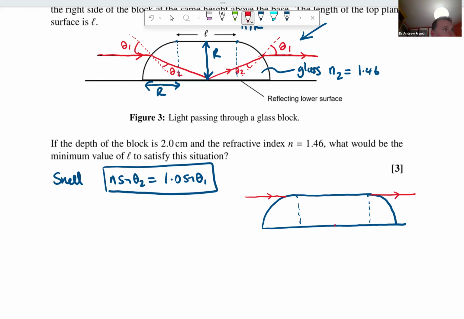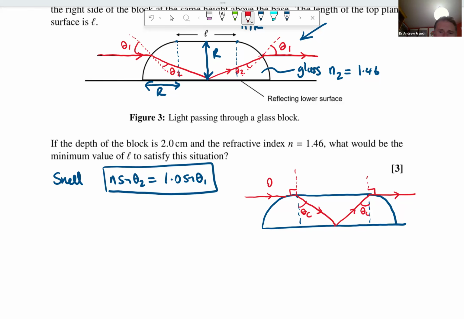So it's bounced in the middle, like there. Now, in this situation, that's a right angle. So if that is a right angle coming out, then that is our critical angle situation in ray optics.